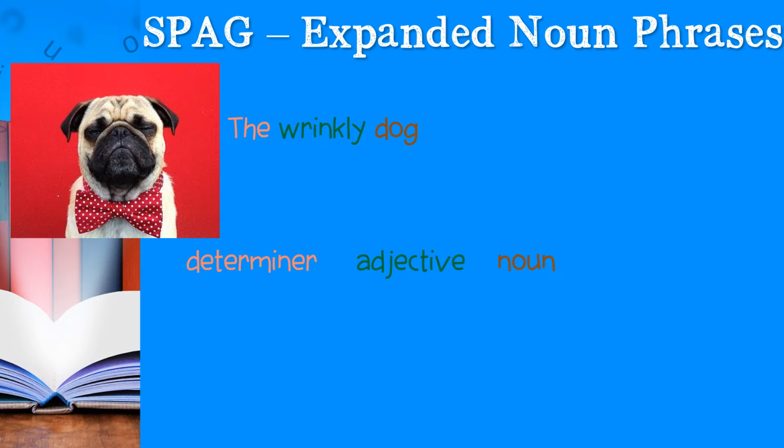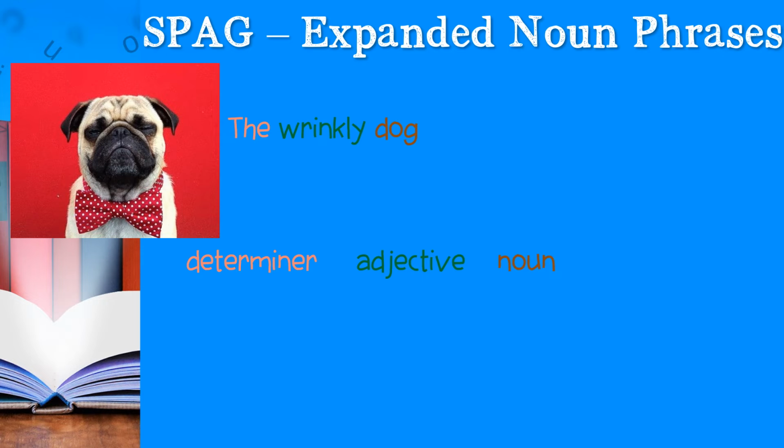I'm now going to describe him a little bit. So I've expanded my noun from dog to the noun phrase of the wrinkly dog, because of all the little wrinkles on his face. What a cutie. So this is now what we would call a noun phrase. It's now a collection of words that are describing the noun. It's not a single noun by itself, because that's just a noun.